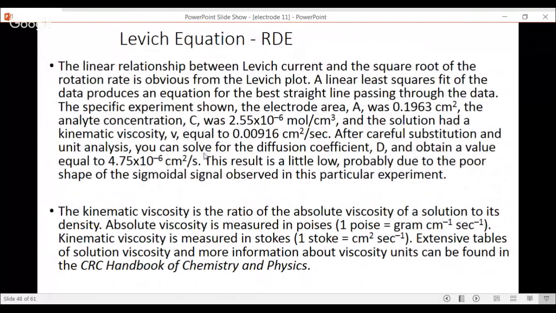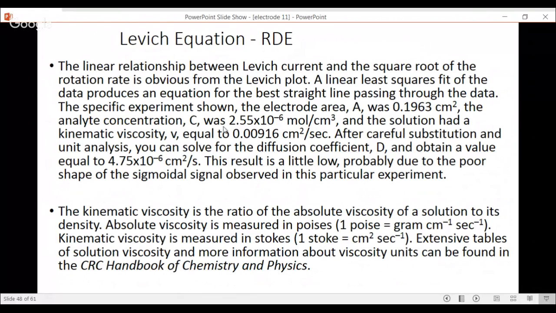The linear relationship between Levich current and the square root of the rotating rate is obvious from the Levich plot. A linear least squares fit of the data produces an equation for the best straight line passing through the data. The specific experiment is shown. The electrode area A was 0.1963 square centimeter. The analyte concentration of the electroactive substance is 2.55 times 10 to the minus 6 moles per centimeter cubed.